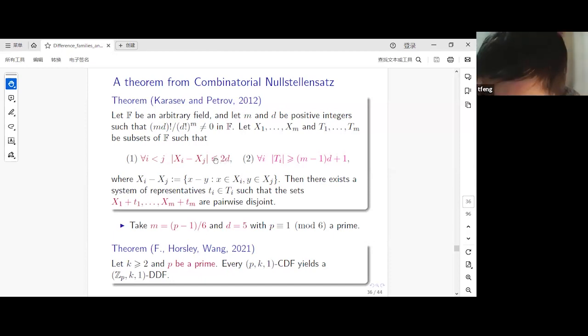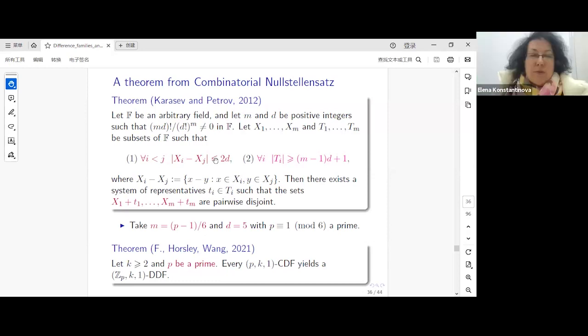Actually, I don't know what their original idea was for this theorem. You know, I have many students. One day, an undergraduate student wanted to read some papers, so she asked me what topic I could give. I said maybe you can read something on combinatorial Nullstellensatz.